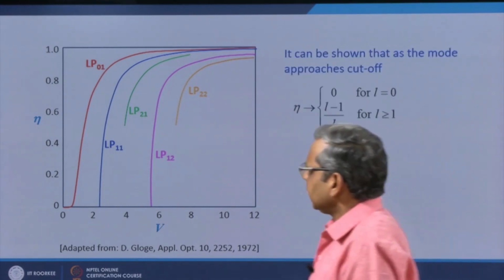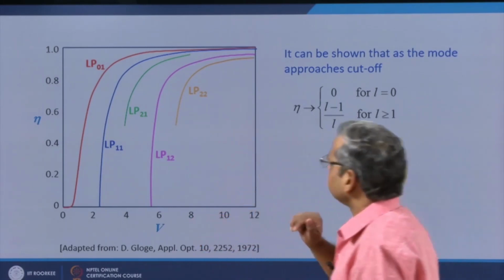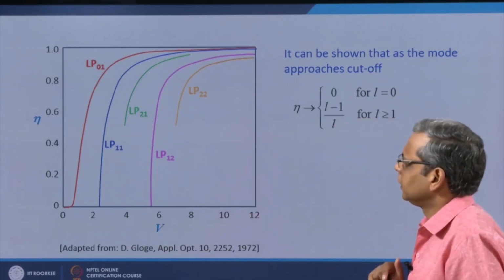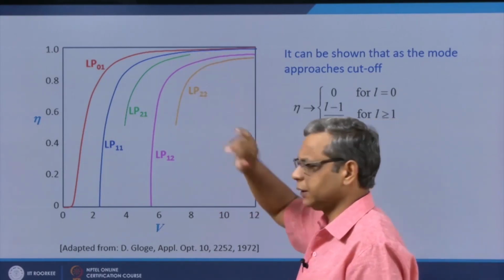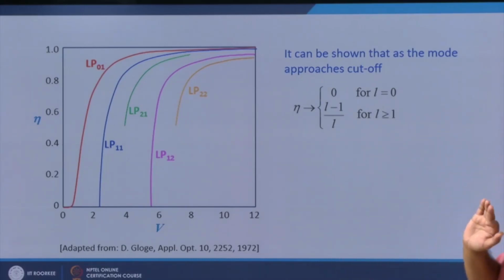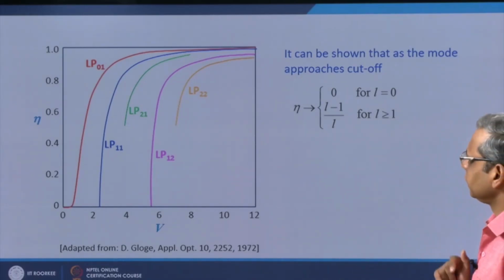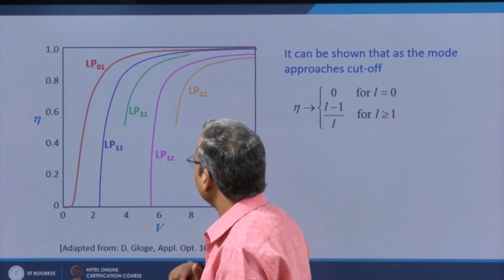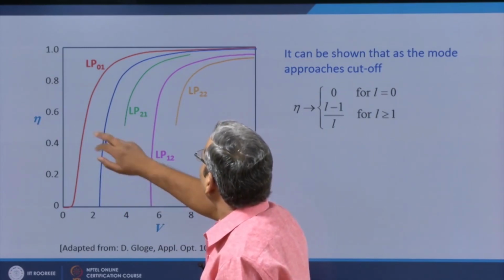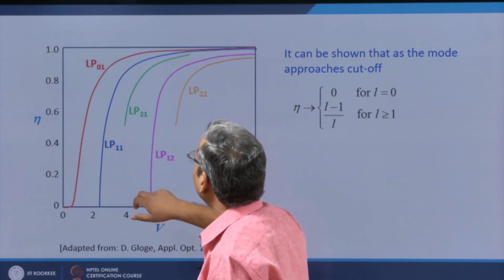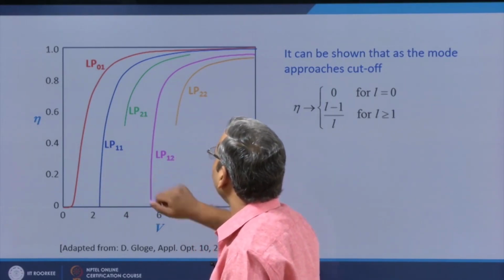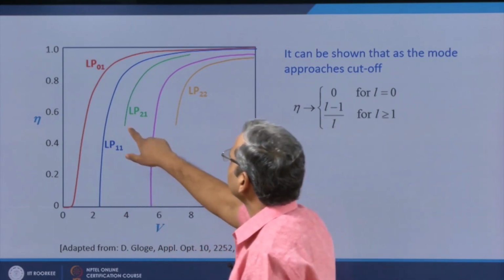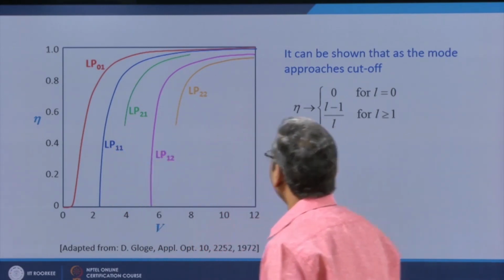So, what I see is that if I increase the value of V, then the fractional power in the core increases. This is a very simple observation here. Another thing that I see is that for LP01 mode, LP11 mode, LP12 mode, this starts from 0, while for these modes this starts from 0.5.